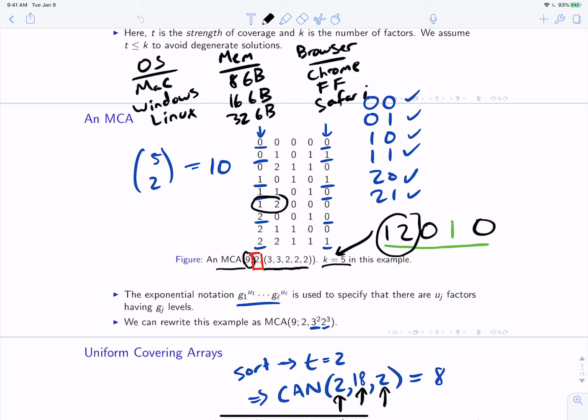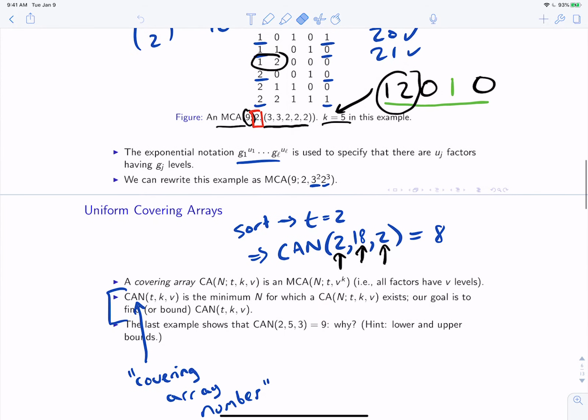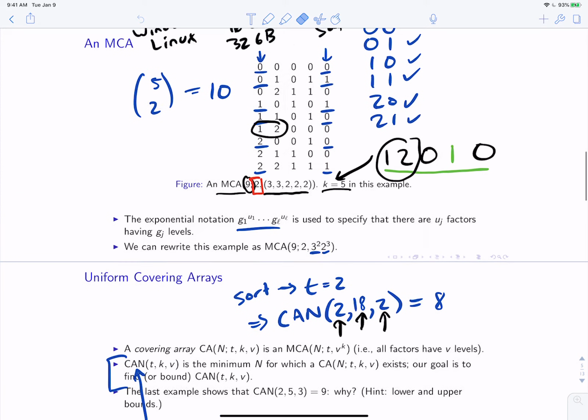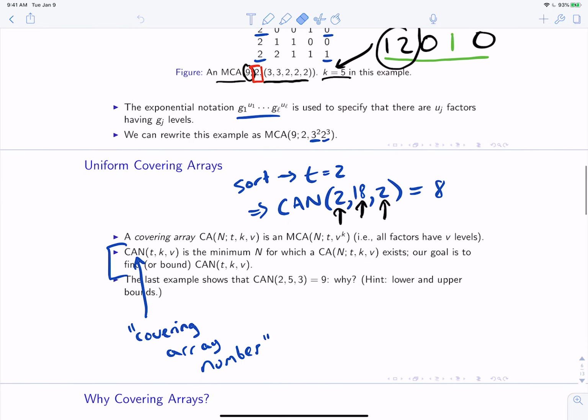We just did one set of two columns, and we noted that there are 9 other two sets that we needed to verify. I'm just assuming that you know how to actually verify the other ones, and I claim that it's a covering array.